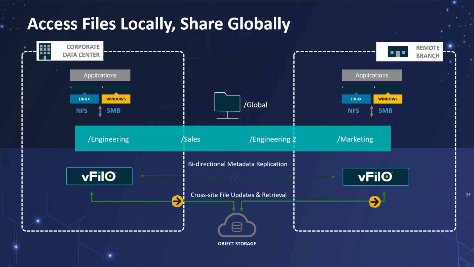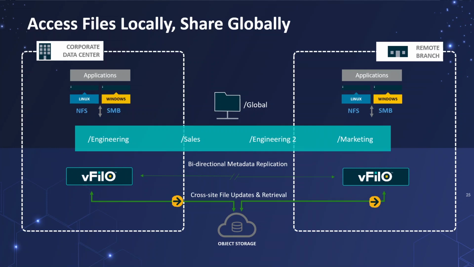And when a file is being accessed or edited at the same time, vFilO will trigger a mechanism by adding versioning or a suffix naming appended to the file. So the administrator can reconcile those files by themselves.